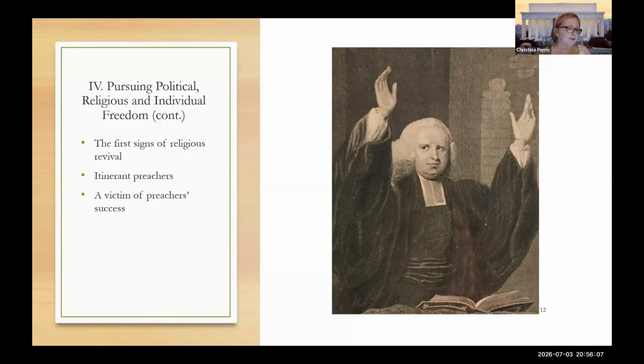Whitefield was a former actor with a dramatic style of preaching and a simple message. Thundering against sin and for Jesus Christ, Whitefield invited everyone to be born again. It worked. Through the 1730s, he traveled from New York to South Carolina, converting ordinary men, women, and children.